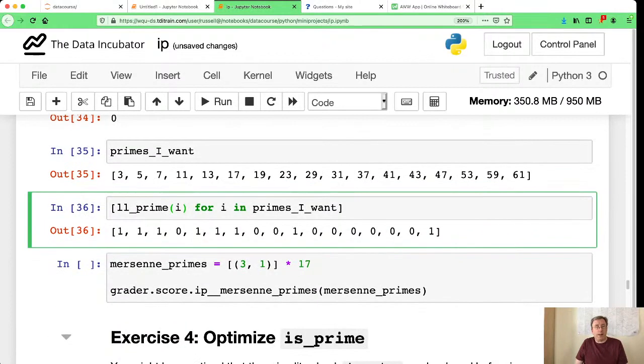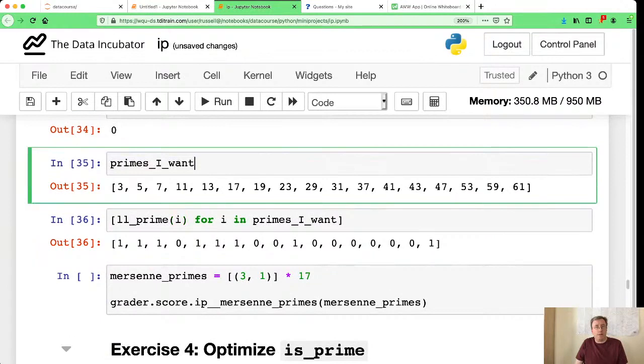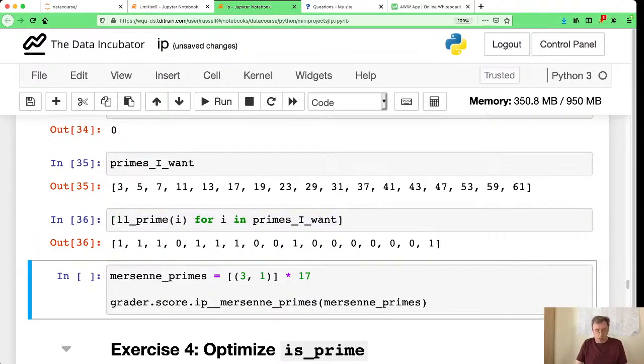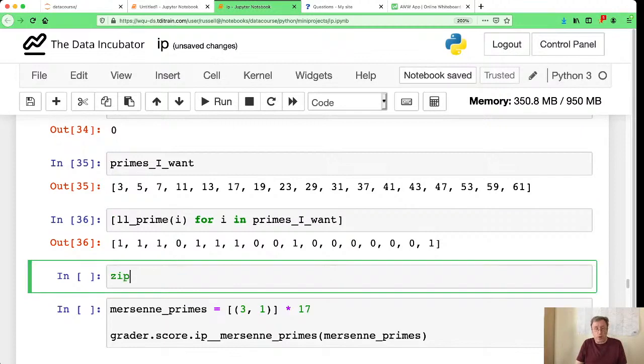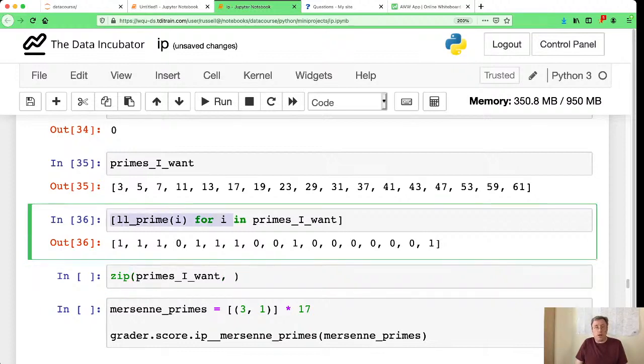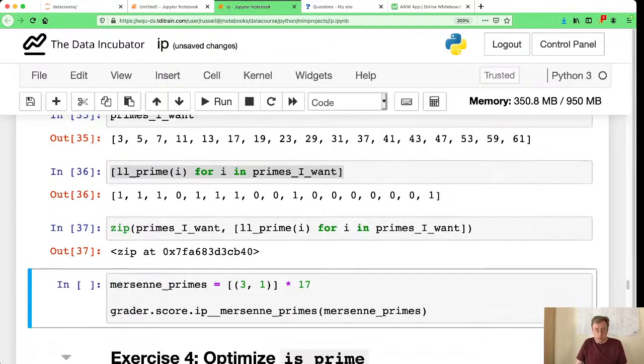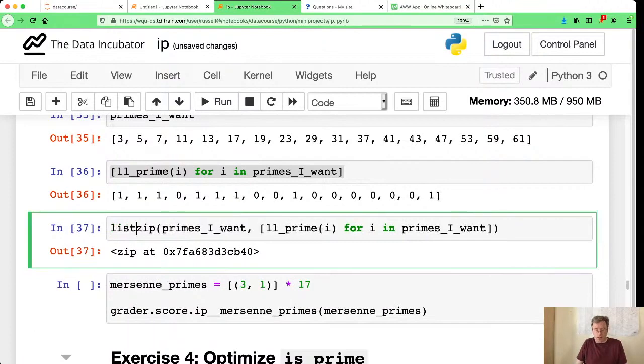Now, this is one list that I want, and this is the other list that I want, and I want to put these together as tuples. So if I do zip on primes I want, and this list right here, well, again, this is a generator, so I could turn this into a list, and I have this list.